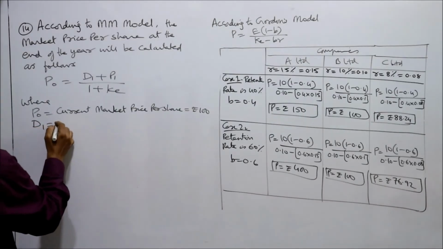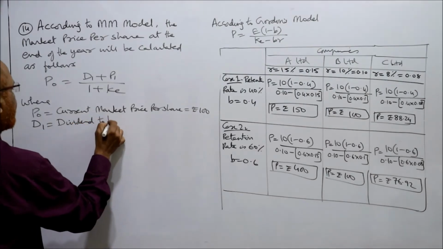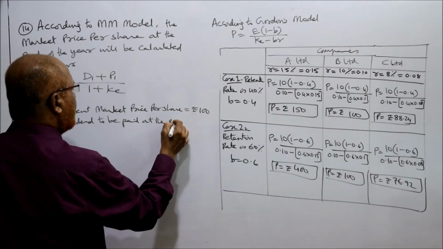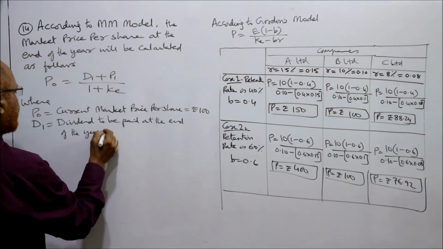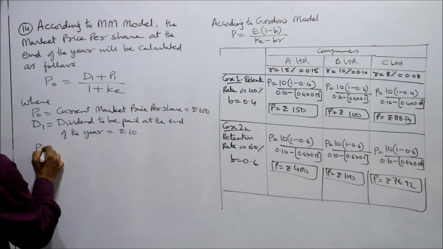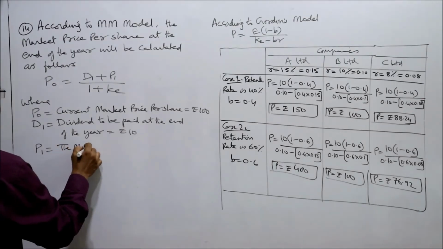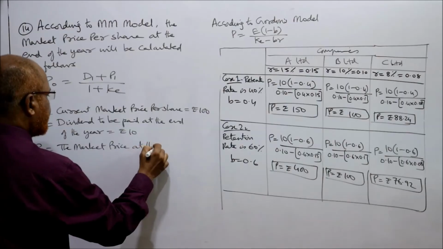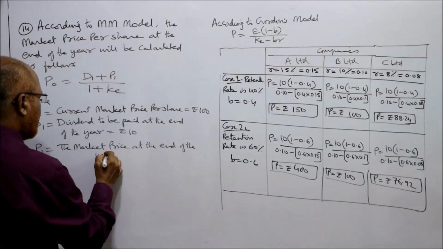D1 is equal to dividend to be paid at the end of the year, rupees 10. P1 is equal to the market price at the end of the year.